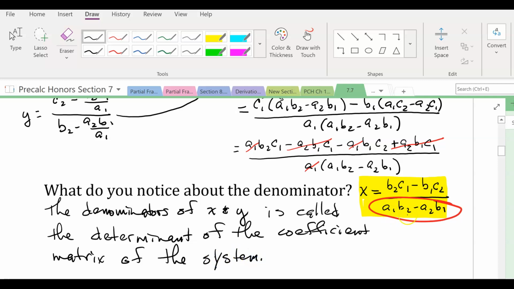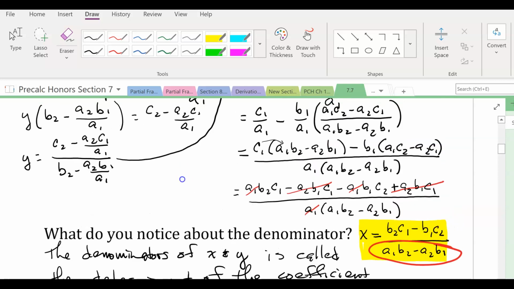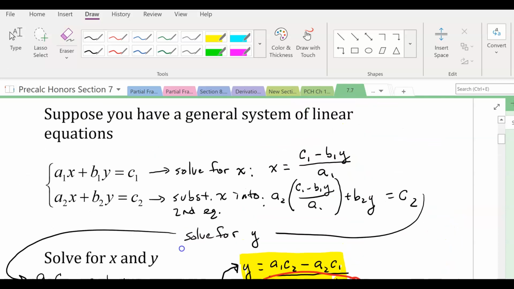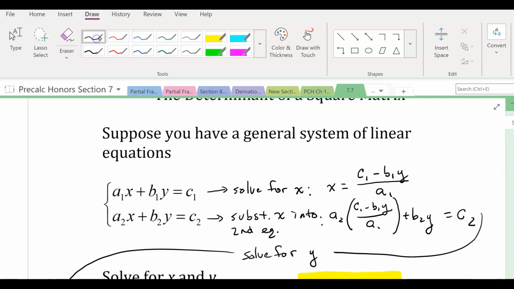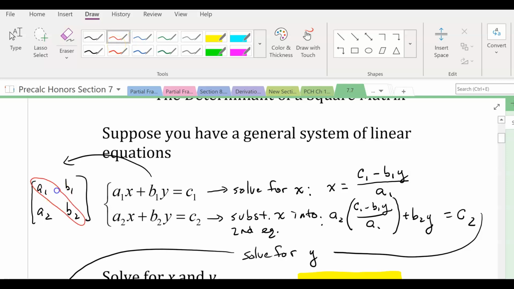Okay, so I have a1, b2 minus a2, b1. So let's go back up here and take a look at what this is. If I was going to write the coefficient matrix over here, the coefficient matrix would be a1, b1, a2, b2, and then our denominator here is a1 times b2 minus a2 times b1.